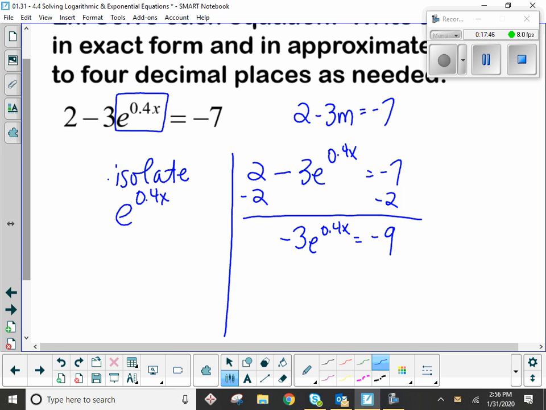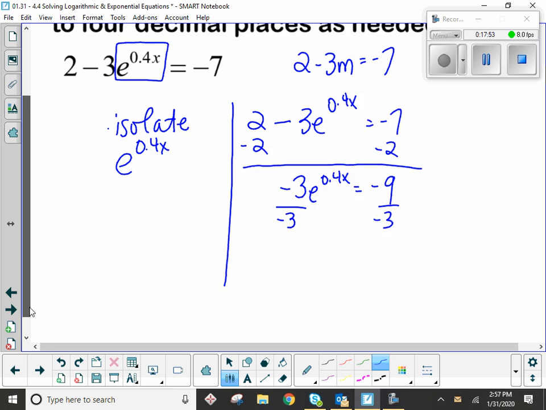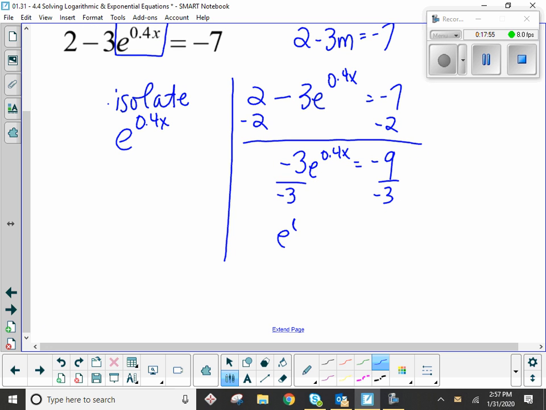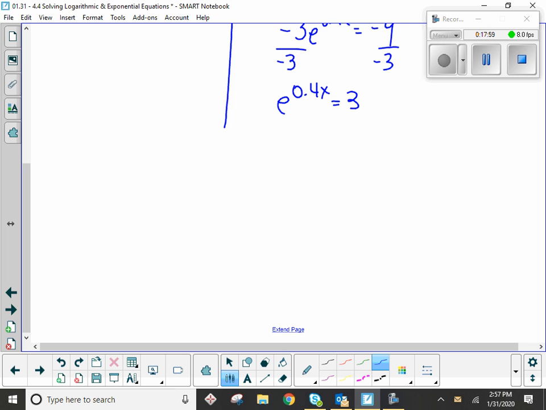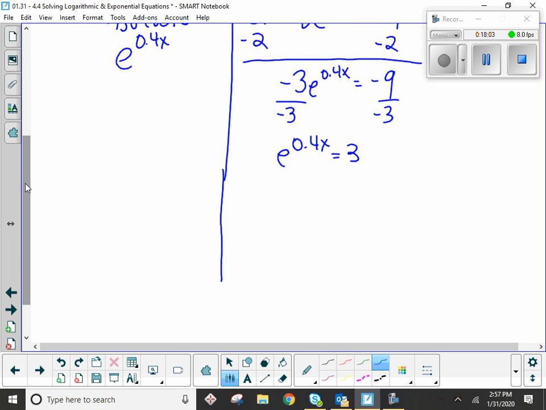You don't lasso till the e is all by itself. So I've got e to the 0.4x equals +3. So there's my isolated exponential term. Now I can lasso.